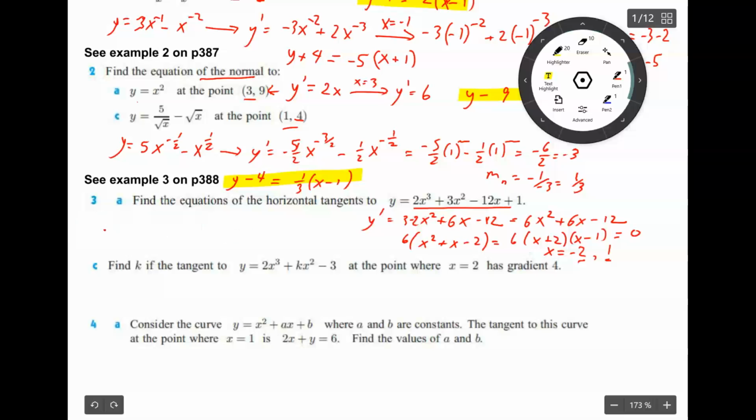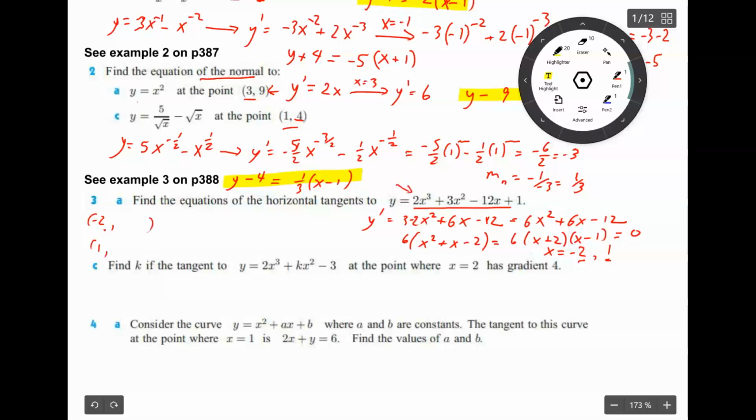Okay, so what we're going to do is find the y values that correspond to x equals negative 2 and x equals 1. We're going to put negative 2 into the original equation to find that.